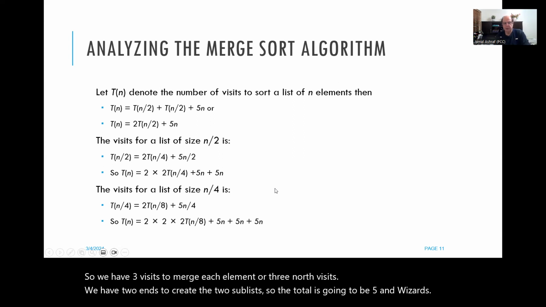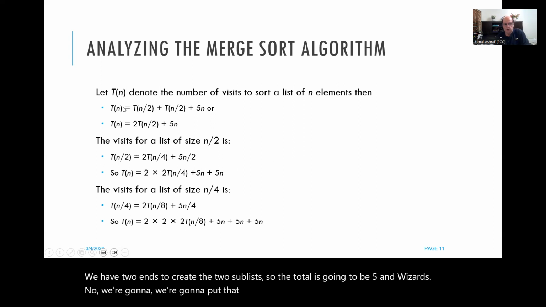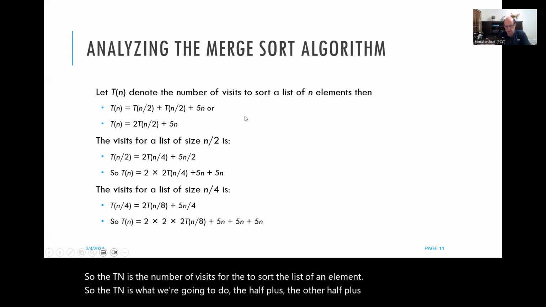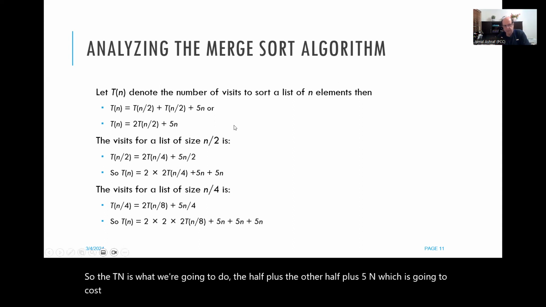Now we're going to put that together. T(n) is the number of visits to sort a list of n elements. So T(n) is what? We're going to do the half plus the other half plus 5n, which is the cost of the merging.